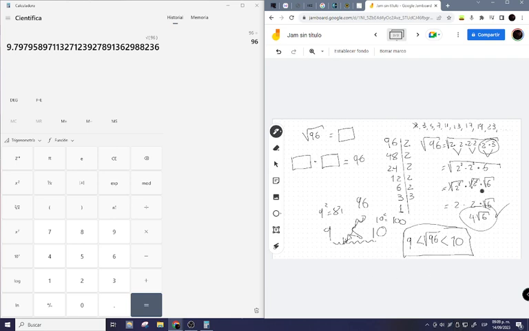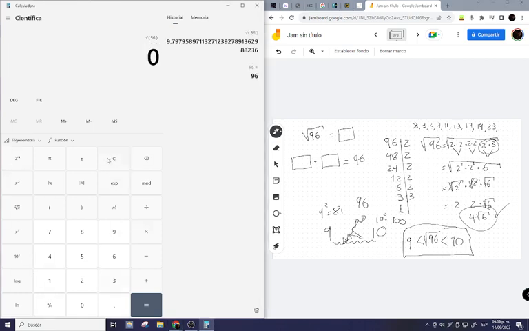Or we can simplify it. And you may say, okay, teacher, but this doesn't look like 9 point something. Well, let's see what happens. Okay, remember, this is the approximation that the calculator gave us. So let's see what happens if we do 4 multiplied by the square root of 6.